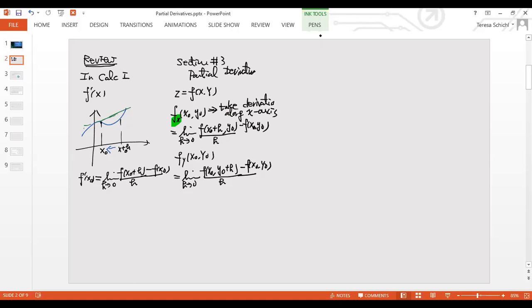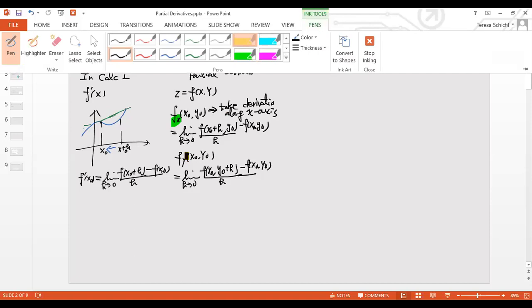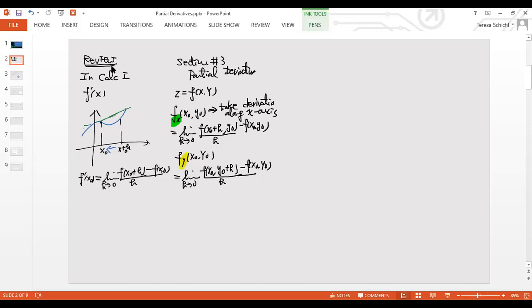The same way here, for f sub y, you take the derivative along the y-axis. Basically, if you still remember, we have the graph here in R3.